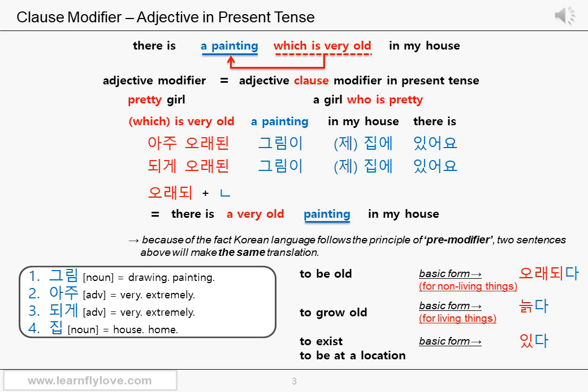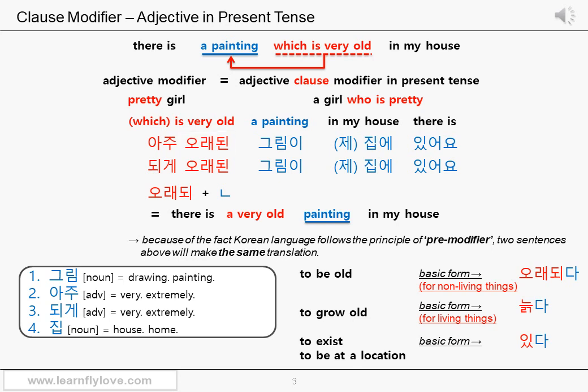How exciting is it? Painting is not a living thing. So we're gonna use the adjective 오래되다. The stem is 오래돼. In order to turn this adjective into a modifier, we need to add the final n consonant because the last letter of the stem, 돼, doesn't have a final consonant. 오래된.